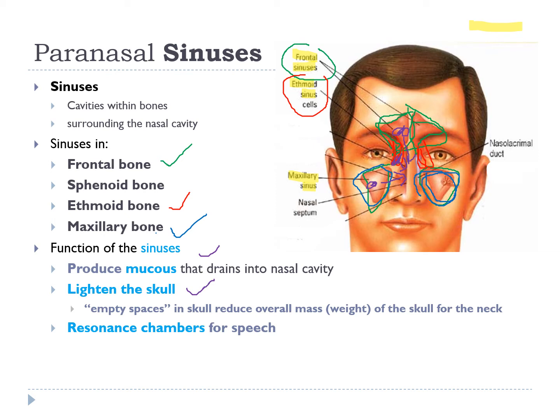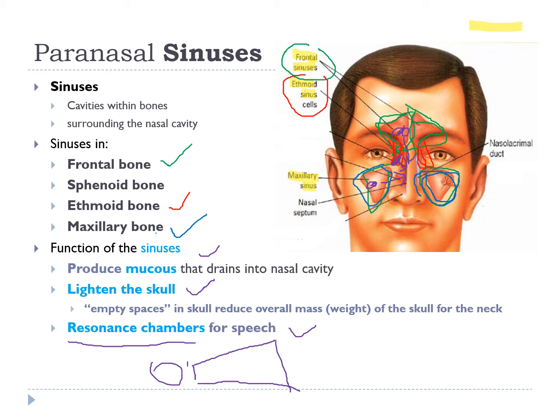And they also act as resonance chambers for speech. So if you've ever used a megaphone, the old school megaphone before they had speakers and amplifiers, the old megaphones were really just cones, right?